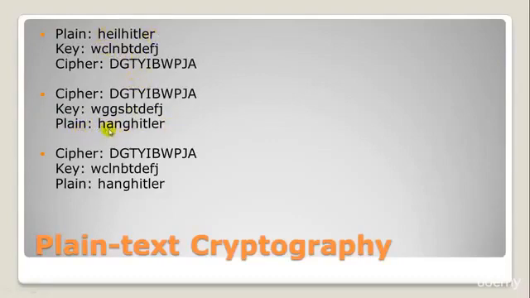That's "Hail Hitler", and here it was "Hang Hitler". But this is what the original message was. This was what the spy told the message would be, but it was manipulated because he used two different things, the key from over here and the cipher from over here, but the plain text was from over here. This is how you could manipulate different types of ciphertext.